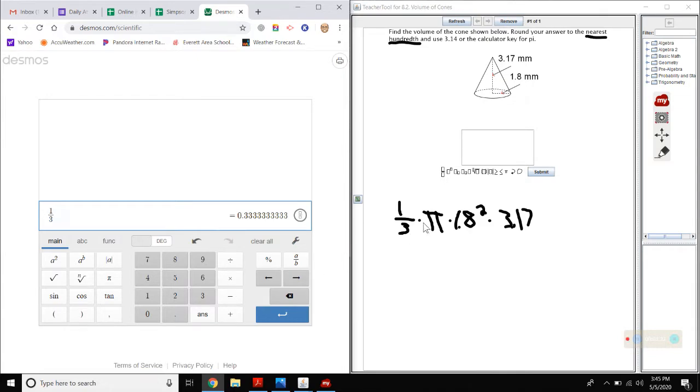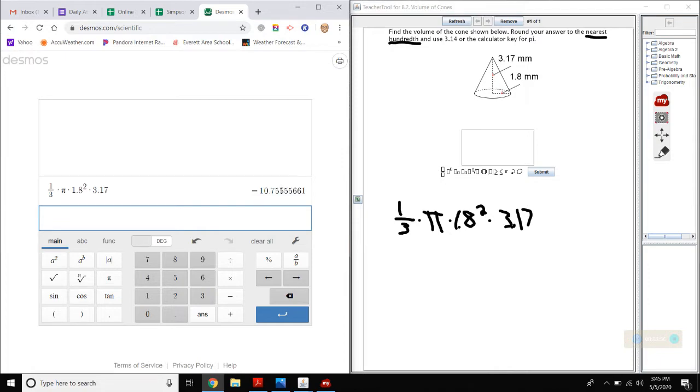So I have my 1/3 now times pi times my radius squared, which is 1.8 squared, times my height, which is 3.17. And that gives me an answer of 10.755. So again, we're rounding to the nearest hundredth, so it's the second decimal place.